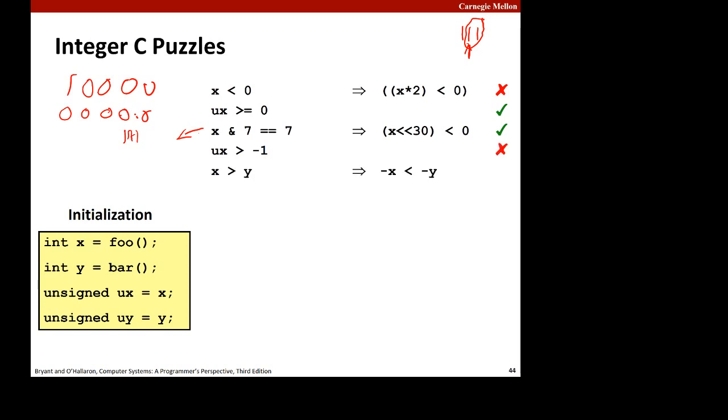If x is greater than y, is minus x less than minus y? What would be an example of where this is wrong? It's actually almost true.